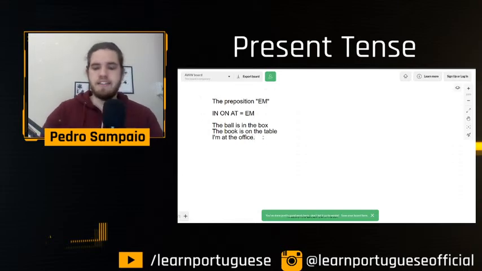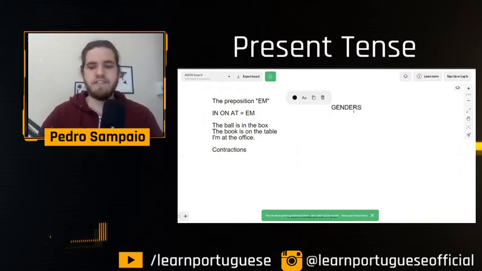So before we talk about the contractions, we need to go back to one of the most fundamental concepts in Portuguese. Everything has a gender, or mostly everything has a gender. So we need to go over the concept of genders again for objects.